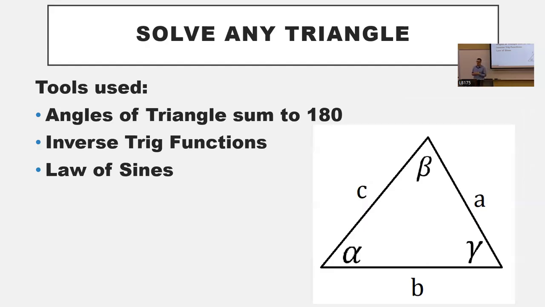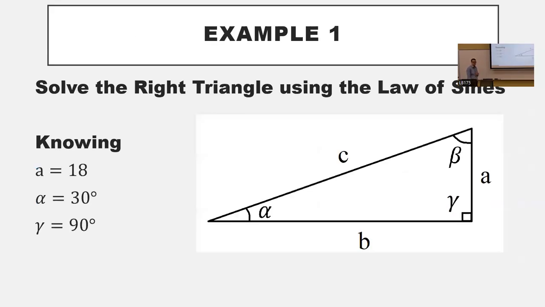We already knew how to calculate trig functions and calculate inverse trig functions. And now we know the law of sines. And it turns out a lot of triangles are going to be able to be solved using these three tools. In fact, even right triangles can be solved by using these three tools.